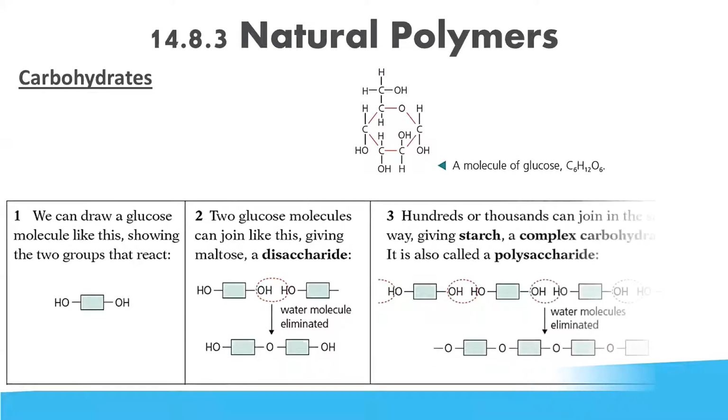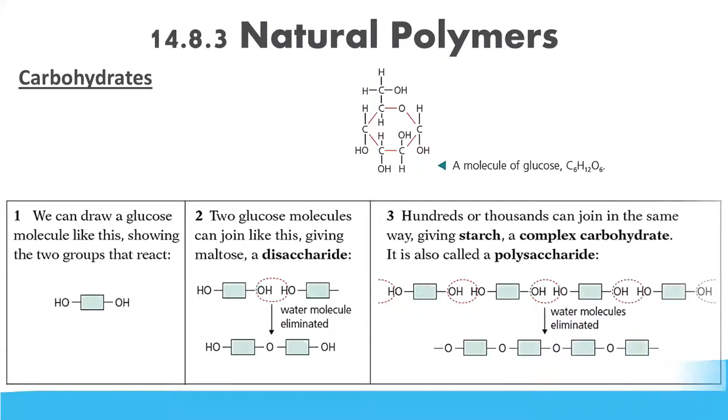When we talk about carbohydrates and proteins, previously I showed the glucose molecule. As you can see, it's quite a complex structure, but you can represent it with the structure of a diol. Diol means there will be two OH groups, and a box that represents the whole structure.